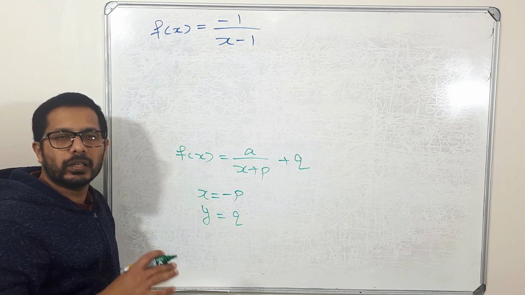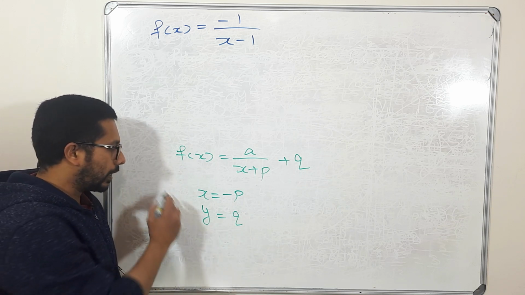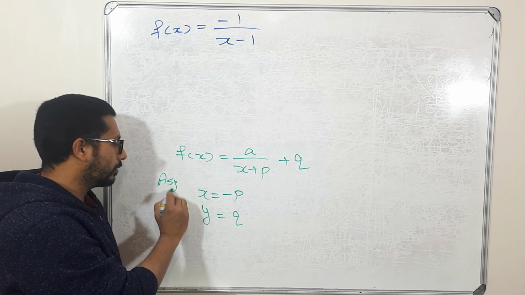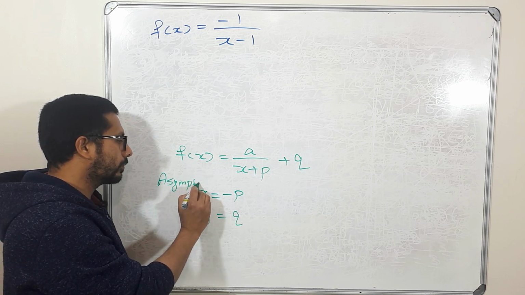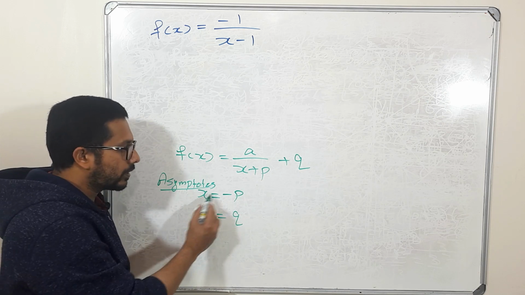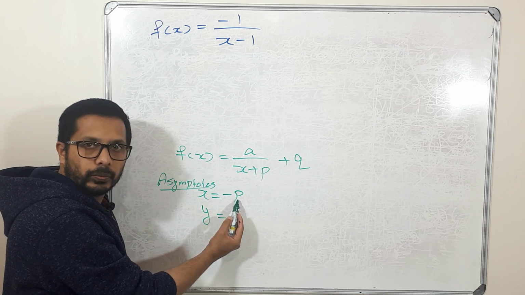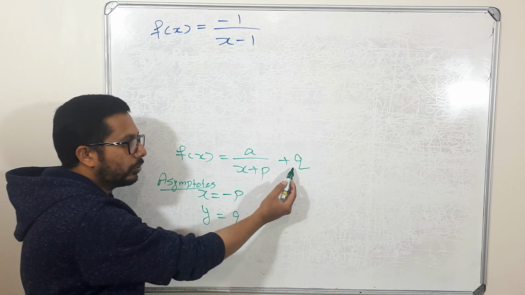I'm just giving a recap of what you studied in your class. If here it is plus b, you have to write x is equal to minus b, y is equal to q.